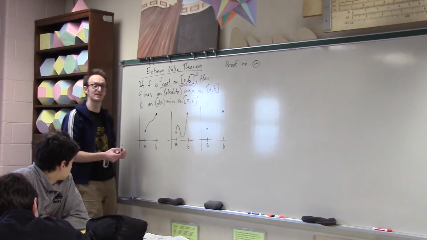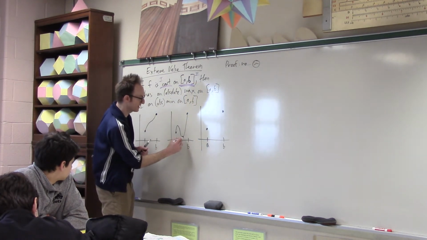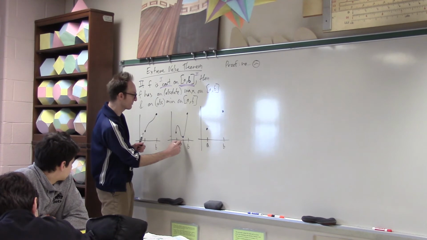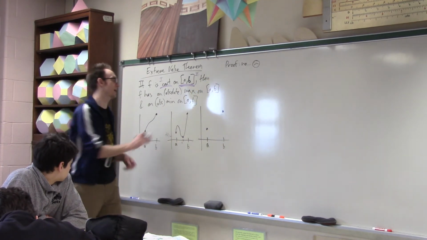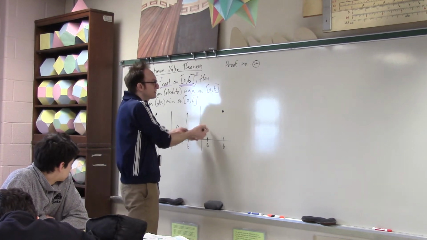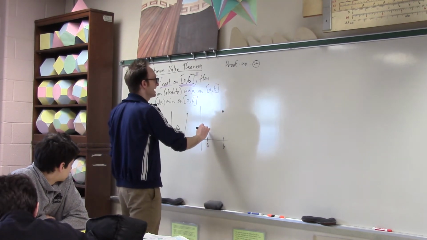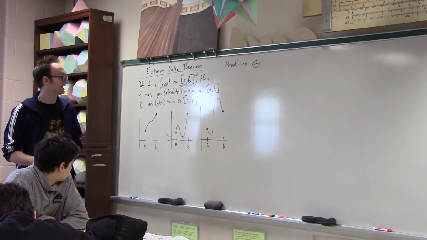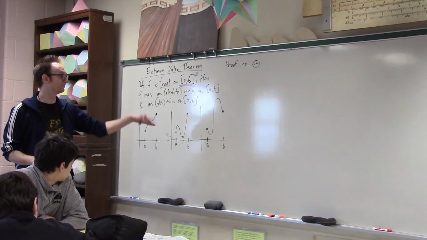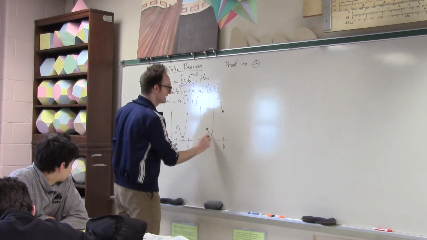Now, where is the minimum? That hump down, this point down here, right? Once again, I still have to get from here to here, and I can only do it in a continuous fashion. But it might be that neither the max nor the min is at the endpoints. So it could be that that's the minimum and that's the maximum.